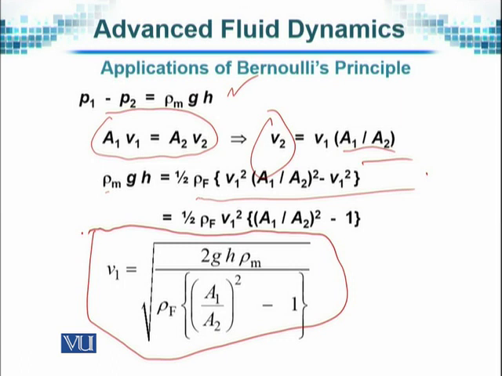It's a simple application of Bernoulli's equation from which we derive this, and for a particular pipe, its area of cross section, the density of the fluid and so on, of course, will be known. And so this is what we get, and we can determine the speed with which the fluid will flow through the pipe.